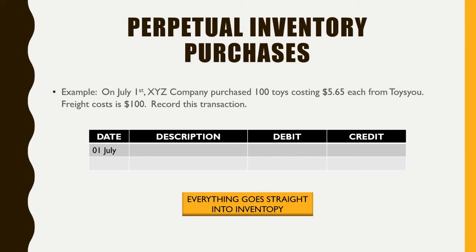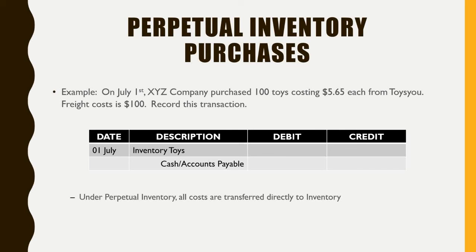Now, in this case, I want to specify as well, because inventory could be a very broad account. If I don't know what the item is, then just throw it into inventory. But if I do know what the item is, so in this case I bought toys, that's going to act as my inventory. I have inventory toys.